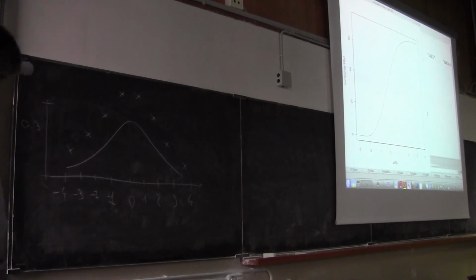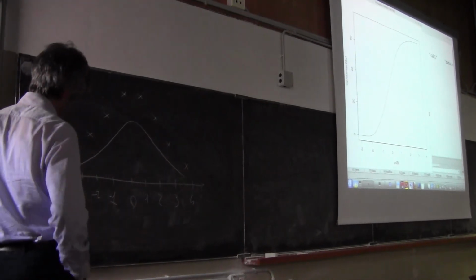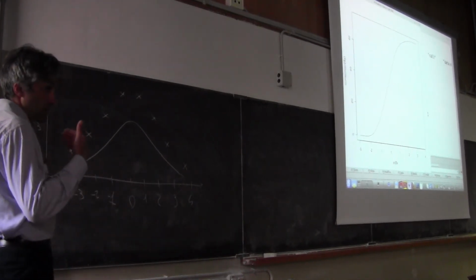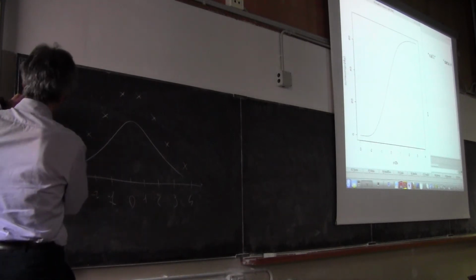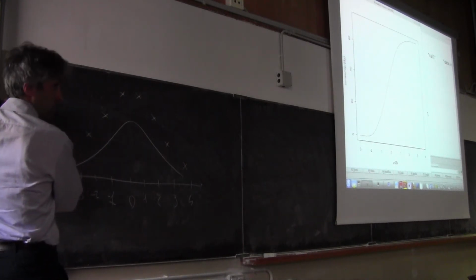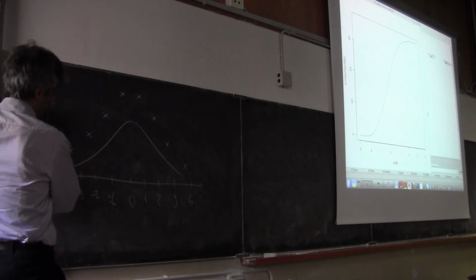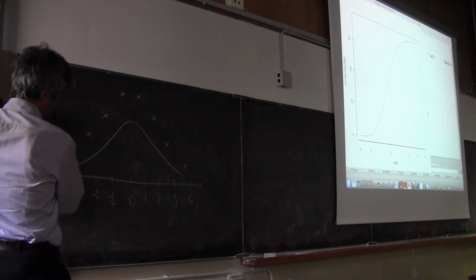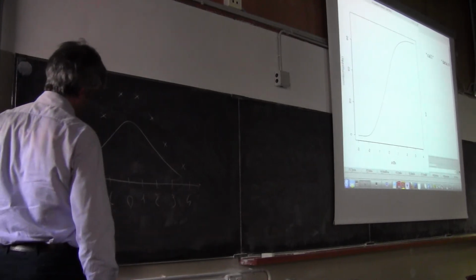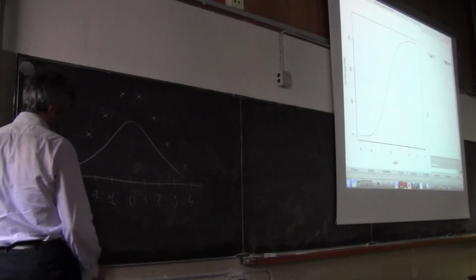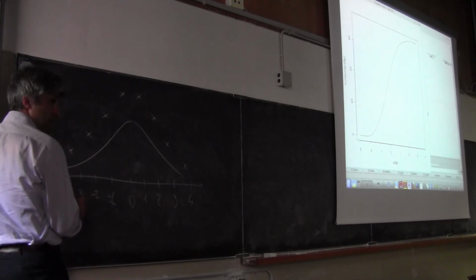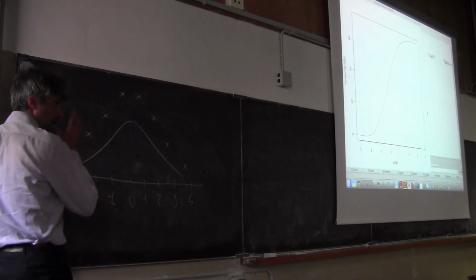So you need to rescale it to get the cumulative density, because if you sum all these ordinates, what you get is basically the cumulative density multiplied by the delta x.